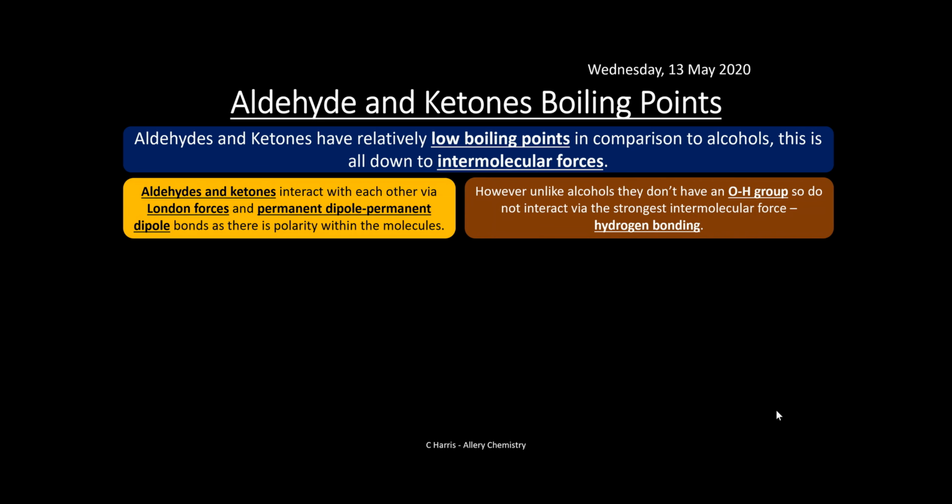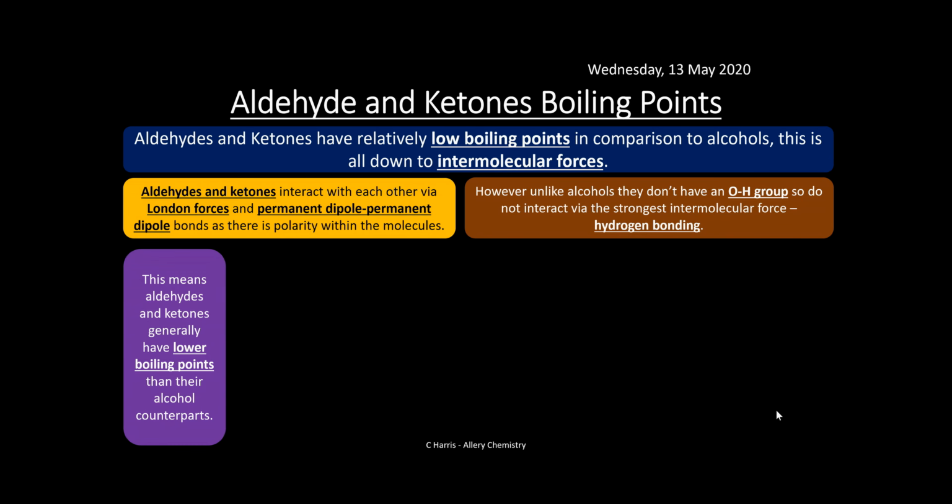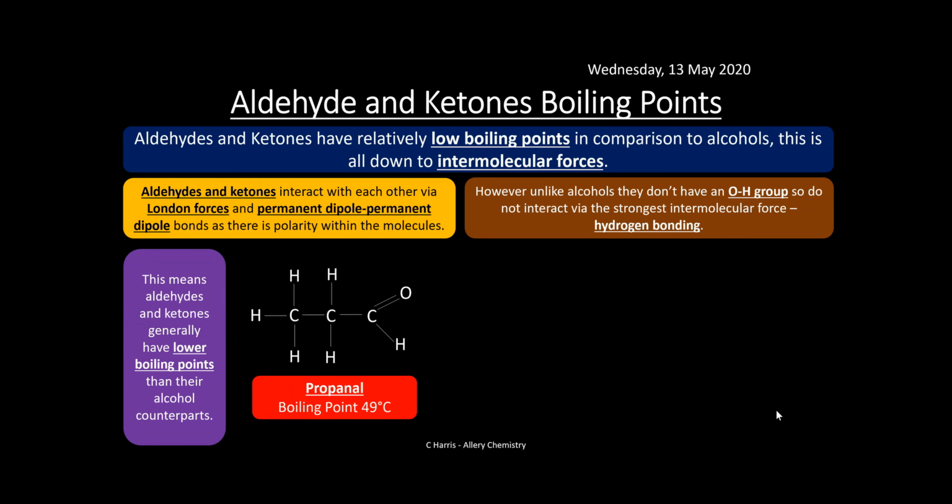And remember the order: London forces are the weakest, permanent dipoles are the middle ones, and hydrogen bonds are the strongest type of intermolecular force. Alcohols can undergo hydrogen bonding, so their melting and boiling points are going to be higher in comparison to aldehydes and ketones. So aldehydes and ketones generally have lower boiling points compared to their alcohol counterparts.